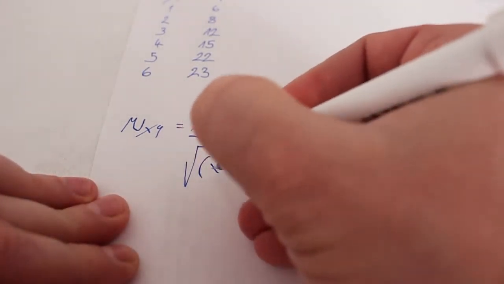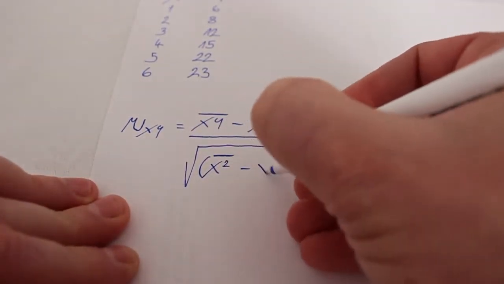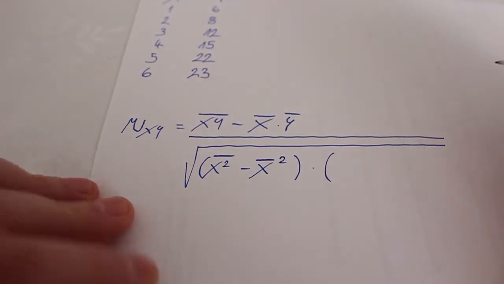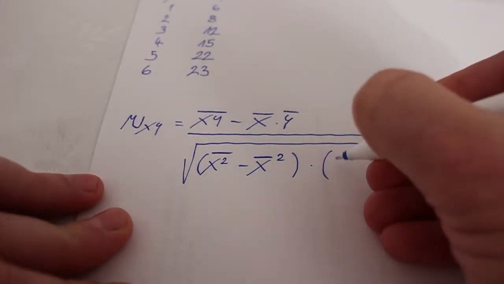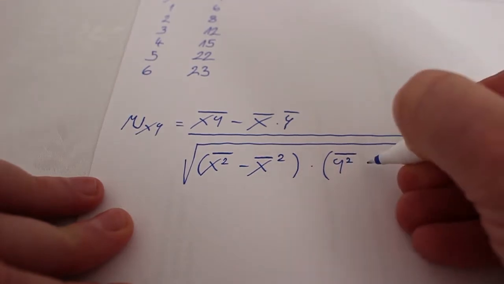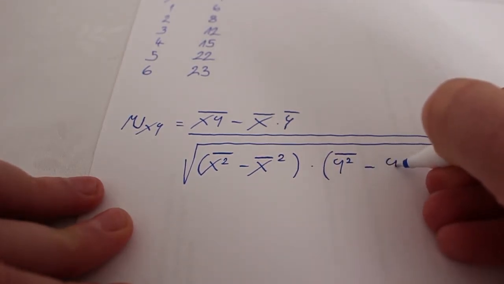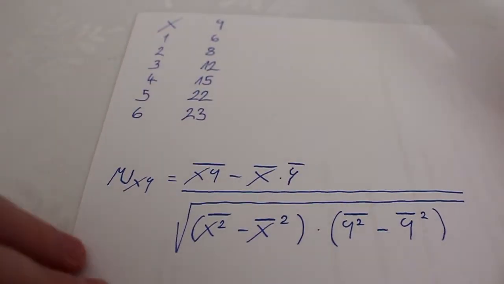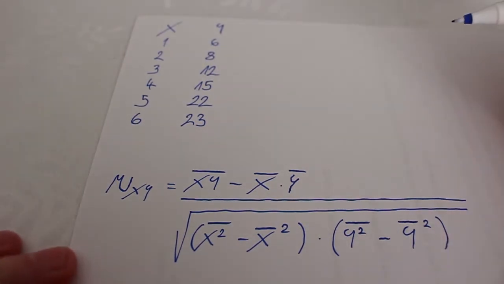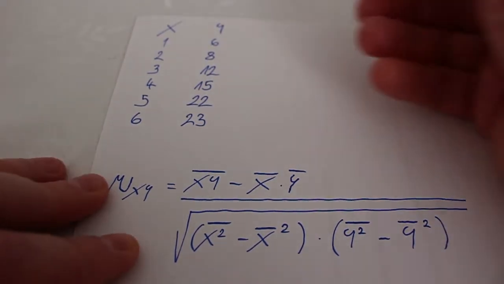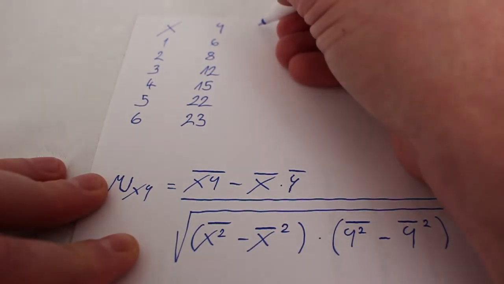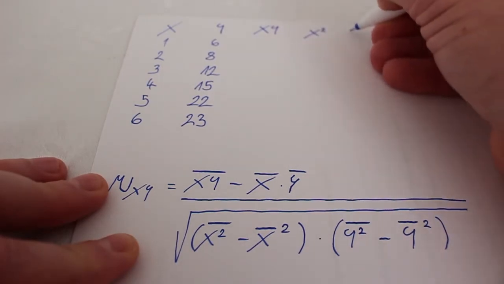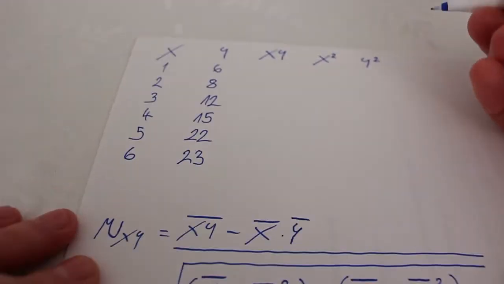There we can find x squared mean minus x mean squared, times the same for variable y: y squared mean minus y mean squared. So you can see that we need only to calculate some means: the multiplication x y, x in squares and y in squares.